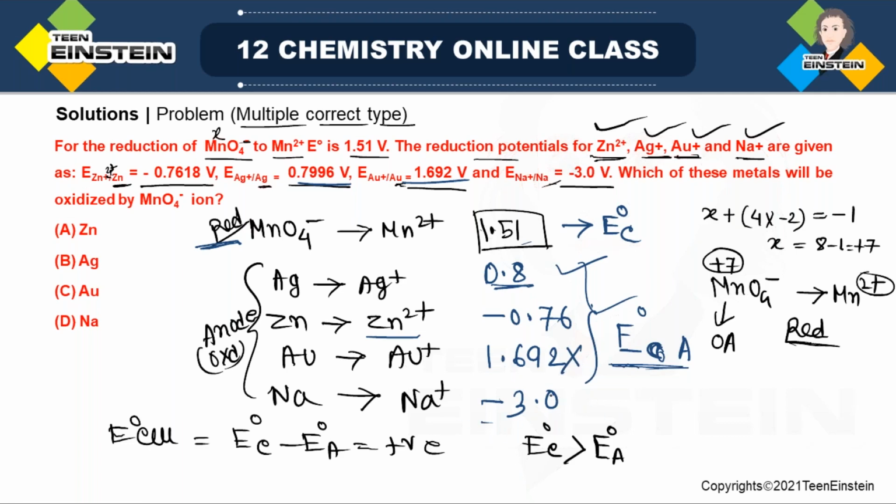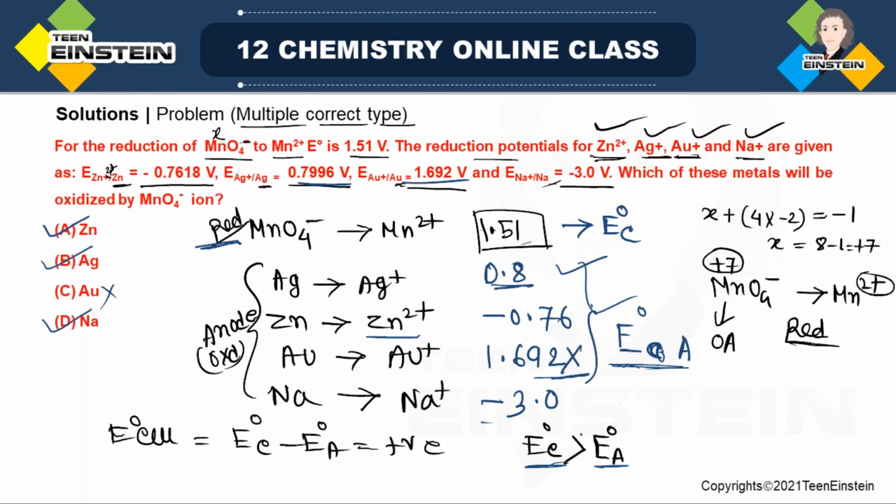So except gold, in other cases, the reaction will be spontaneous because E0C is greater than E0A. So here correct options will be A, B, and D. Gold is not possible, which is clear from this value. So see, don't waste your time by doing the detailed calculation. That is not necessary.